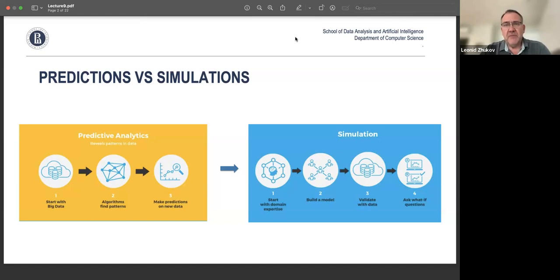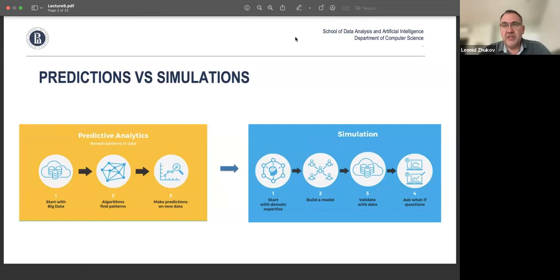Now, simulations are quite different. What you do is you start with some sort of fundamental knowledge. If we're talking about, say, physically based modeling, physical simulation, you start with physics, you can start with chemistry, you can start with engineering, or you can start with knowing how a particular process performs. So you start with some sort of domain expertise. And then based on that, you're building some simplified model, following that expertise, following the rules.